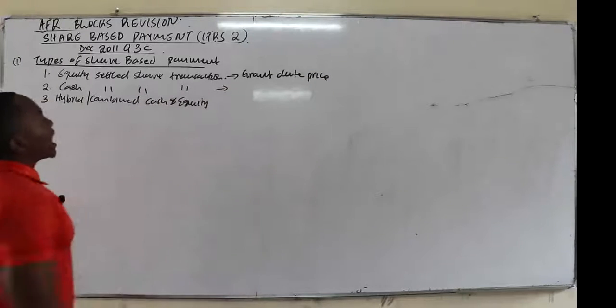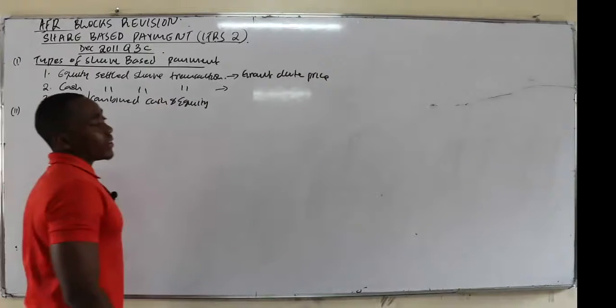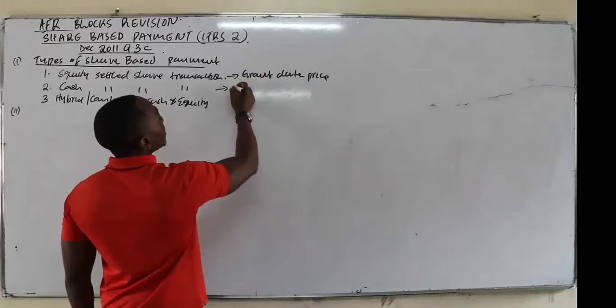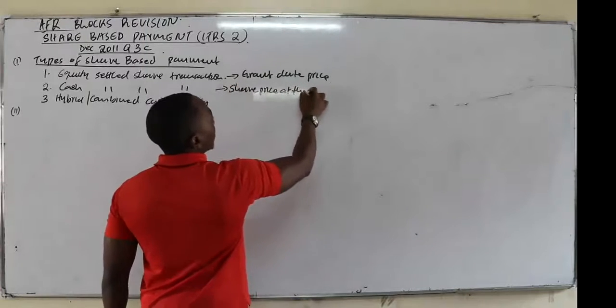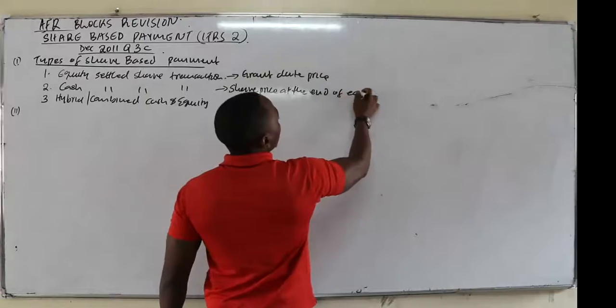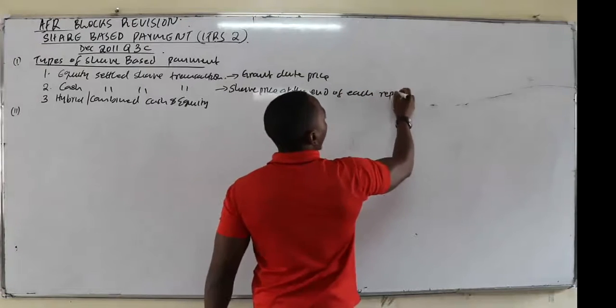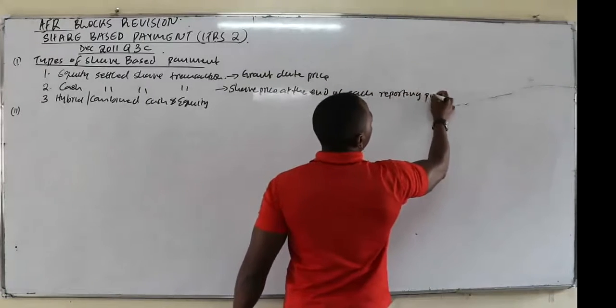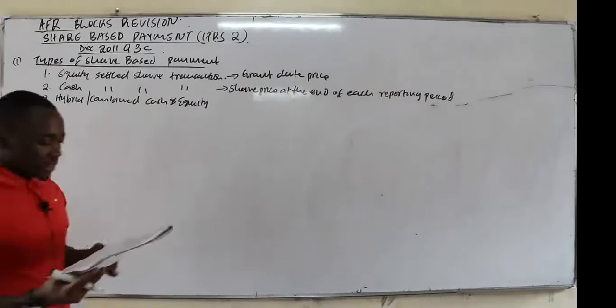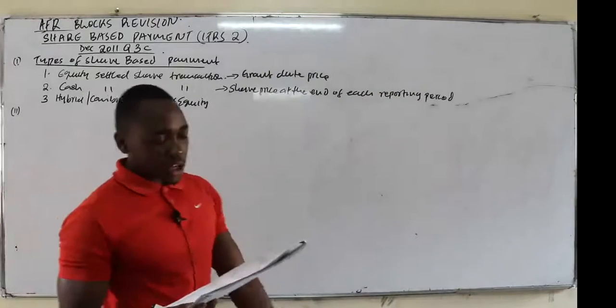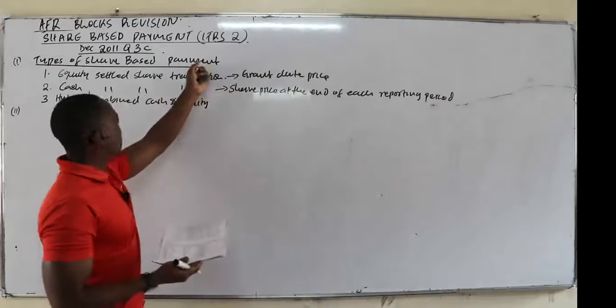But under the cash settled share transaction, the shares are valued and measured based on the share price at the end of each reporting period. That's the difference between the equity settled and the cash settled. So in this case, they are given 10,000 share options. So that means it's an equity settled.